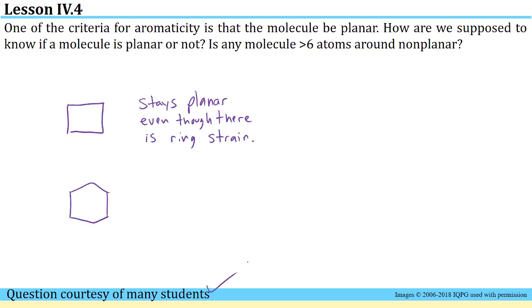To address this, I want to back up and talk about cycloalkanes, something we learned about way back in Organic 1. We probably all know that cyclopropane and cyclobutane have a lot of ring strain. They stay planar even though there is a lot of ring strain, and the reason for that is they're not flexible enough to bend in order to become more stable and relieve that ring strain. So small ring sizes we've seen before are pretty rigid.